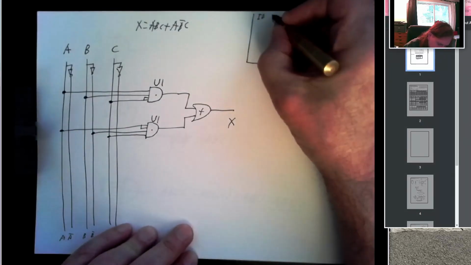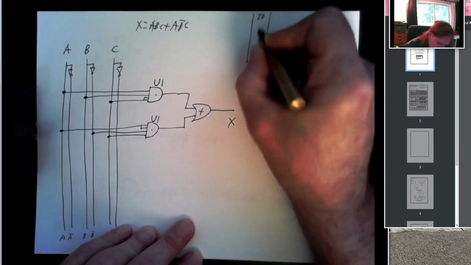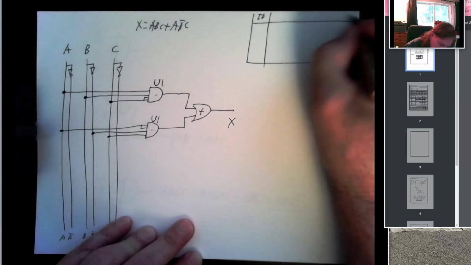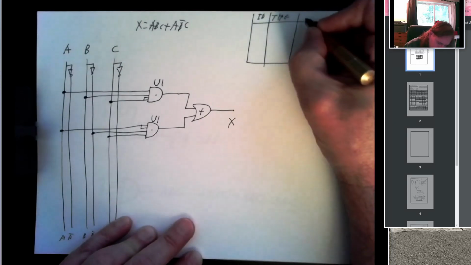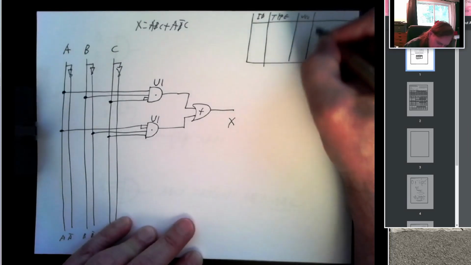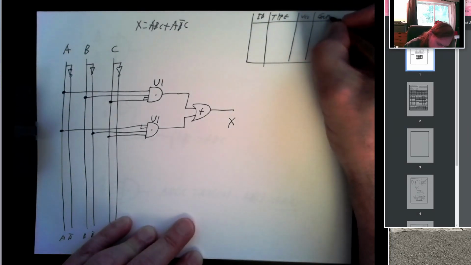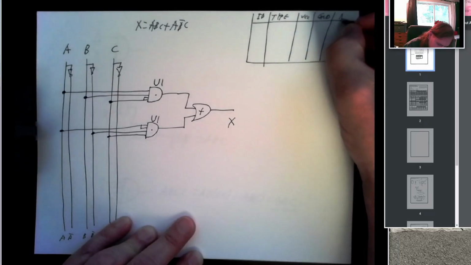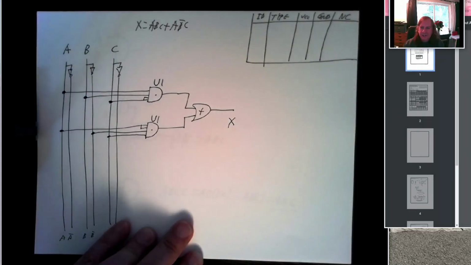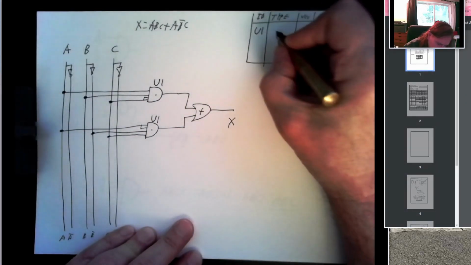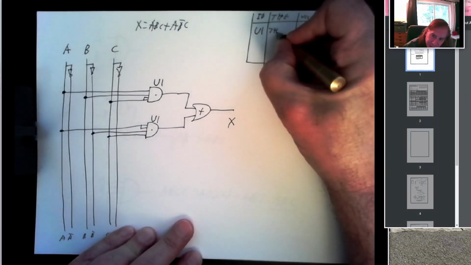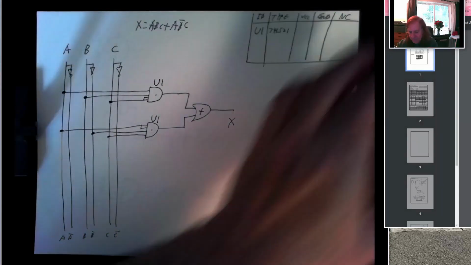And so up here in my component ID block, I'm going to list the ID of a component, the type of device it is. I'm also going to list where power gets connected, where ground gets connected, and which pins have no connection anywhere. So my first component is going to be U1, and that's a 74LS21.